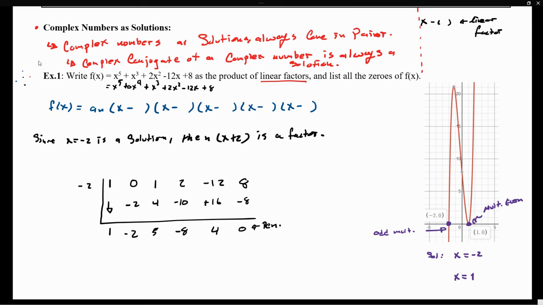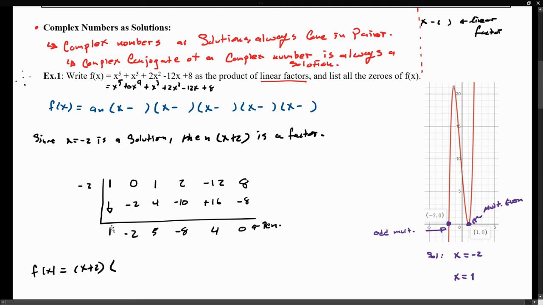So now what we know so far is that f of x can be seen as x plus 2 times what we got here as our conclusion from our synthetic division. The highest exponent was 5, so therefore this is the coefficient for x to the fourth.